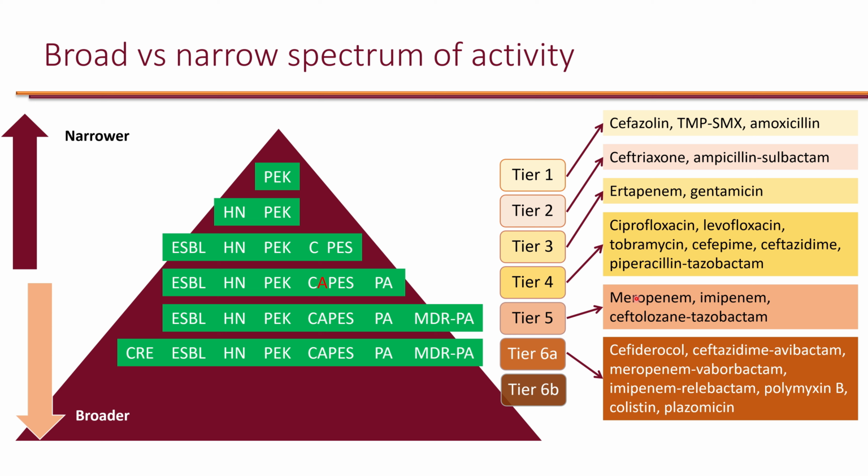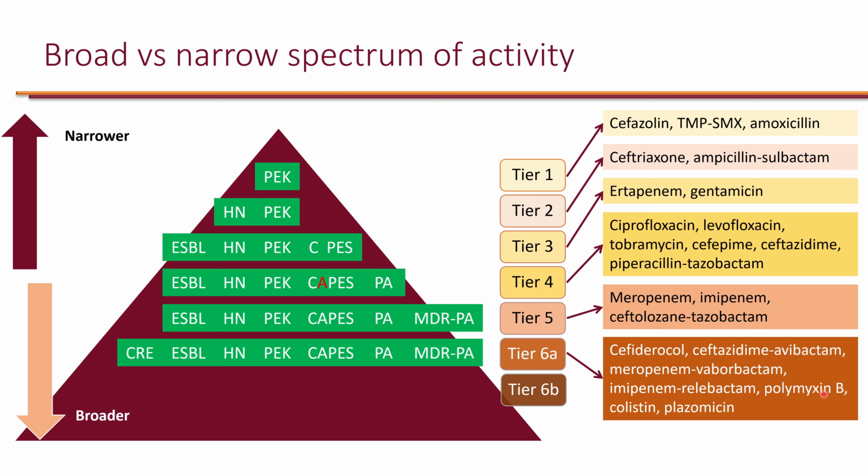So if we have E. coli resistant to meropenem, for example, that's when we want to go to tier 6. These are really reserved for when we have these difficult to treat organisms. So cefiderocol, ceftazidime avibactam, and some of these carbapenems combined with beta-lactamase inhibitors. So meropenem vaborbactam, imipenem relebactam, and also some other classes.